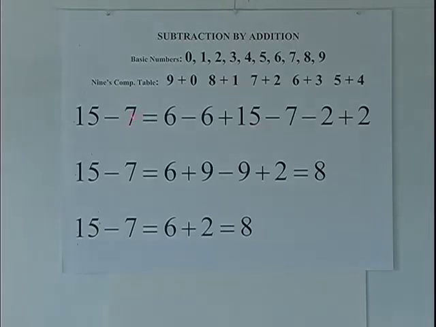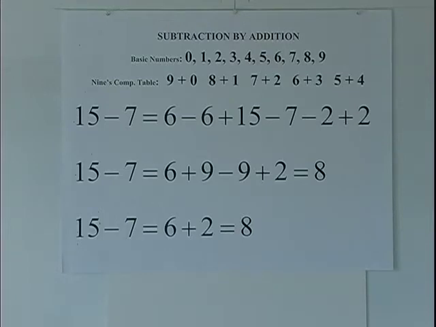I will take the 9's complement of the subtrahend, 7 in this case, which is a 2, and write minus 2 plus 2 next to minus 7. Minus 2 plus 2 is a 0. And when I add that to minus 7, I get minus 7. So this difference, 15 minus 7, will remain the same.